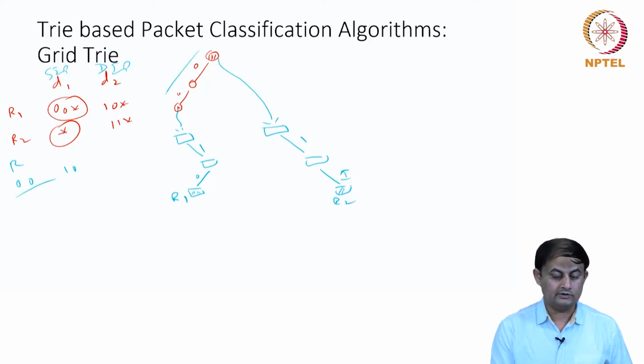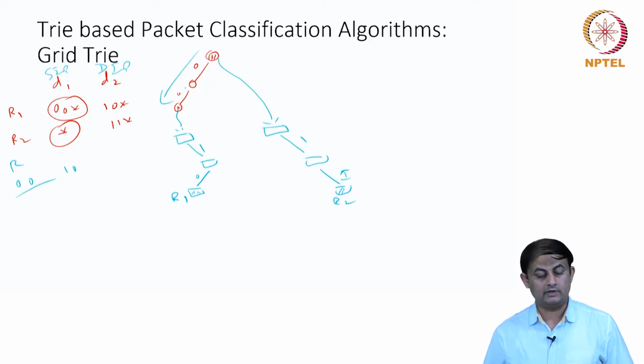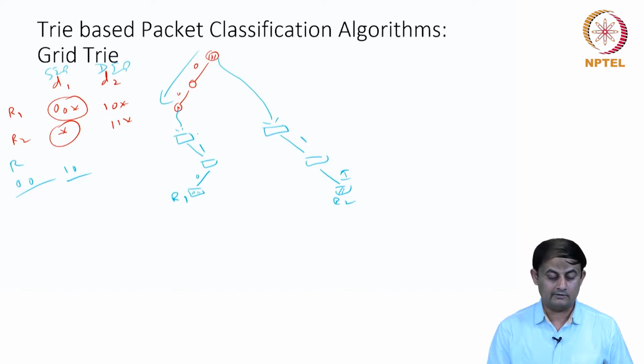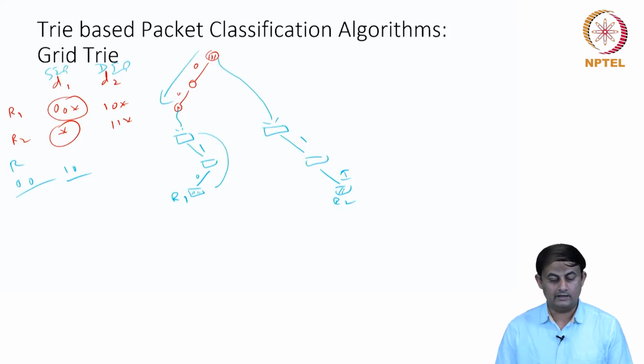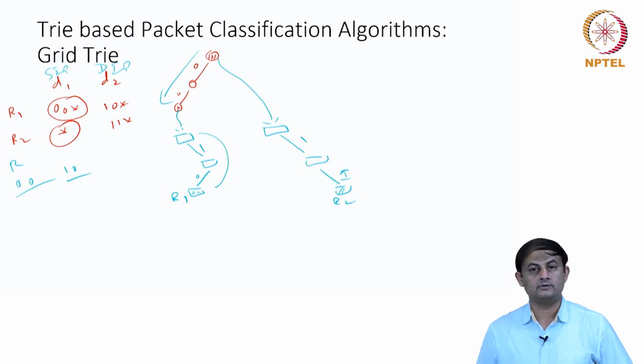Then on this 0 0 I traverse this path, it's well and good. On this 1 0 I traverse this path and then reach the node with the label R1. So that's fine. So we say that this is classified with the rule R1.